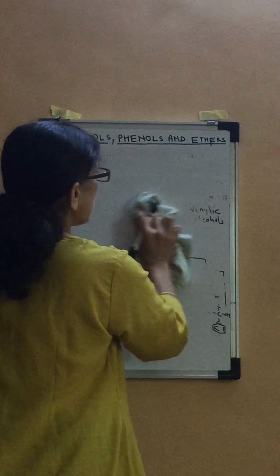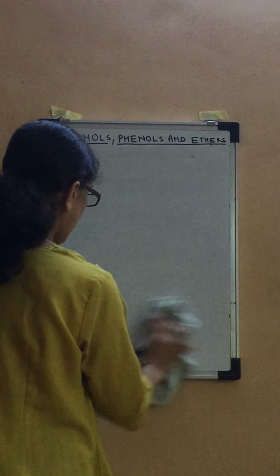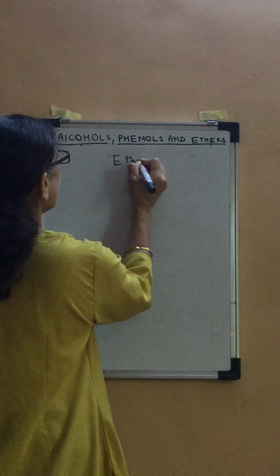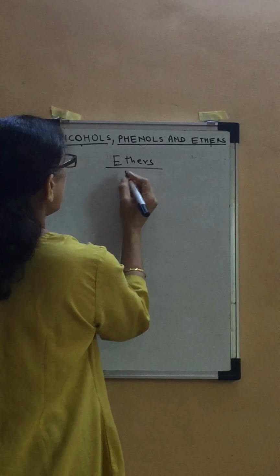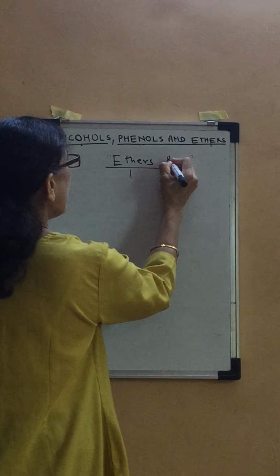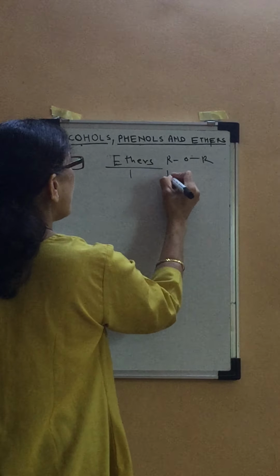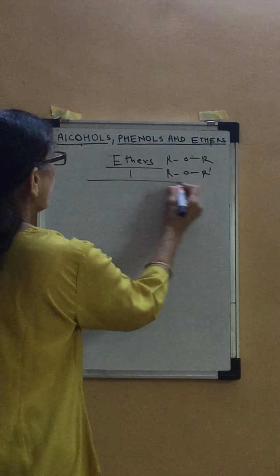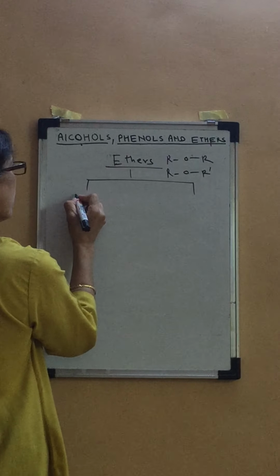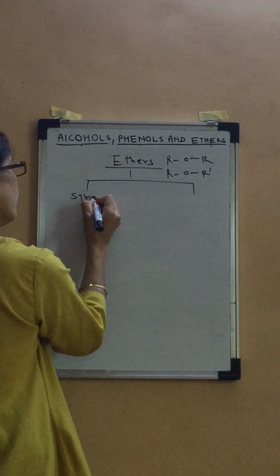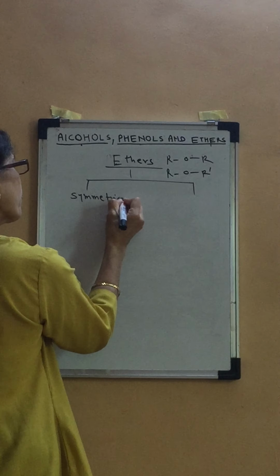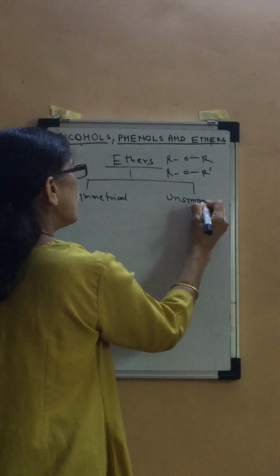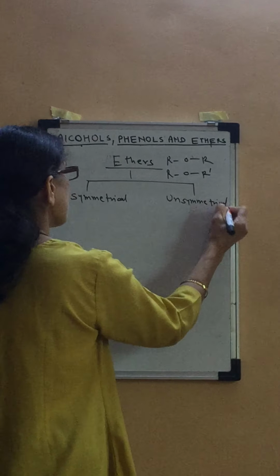Now we will continue with the classification of ethers. It is simple. Ethers have the general formula ROR or ROR dash. So they are classified into two types: symmetrical and unsymmetrical ethers.